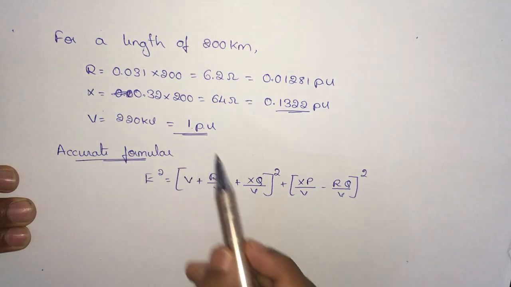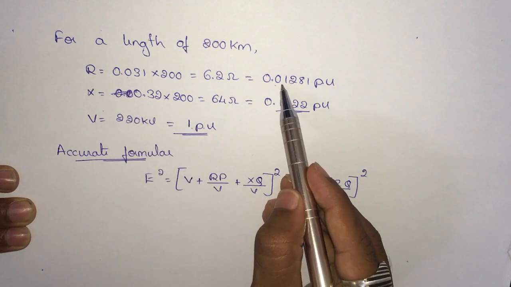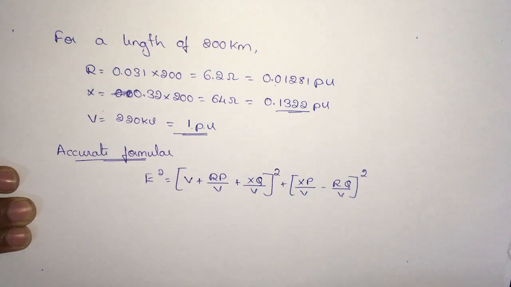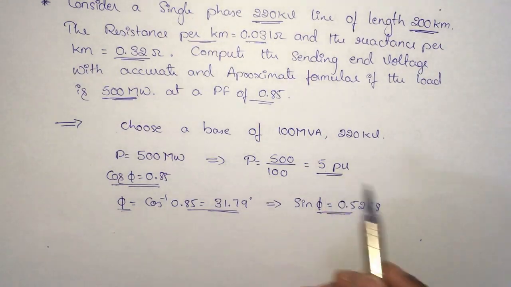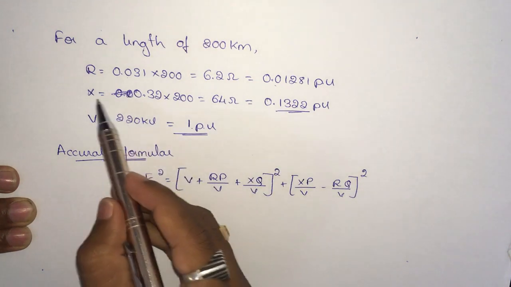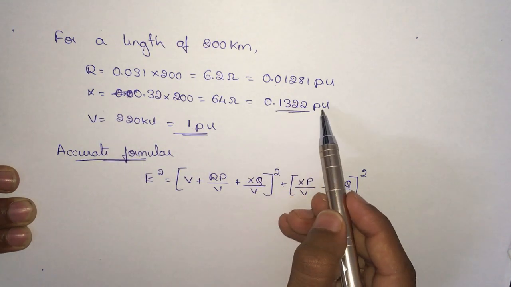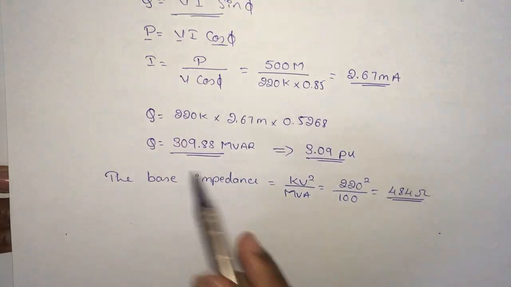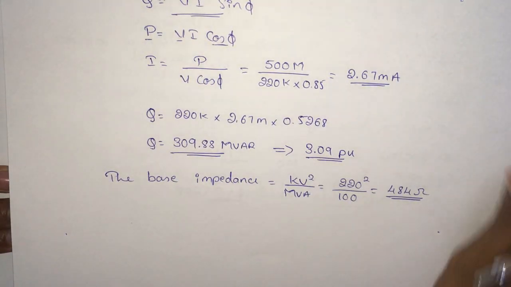V is 1 per unit, R is 0.0128 per unit, P is as we calculated, 5 per unit, and X is 0.1322 per unit, and Q is as calculated, 3.09 per unit.